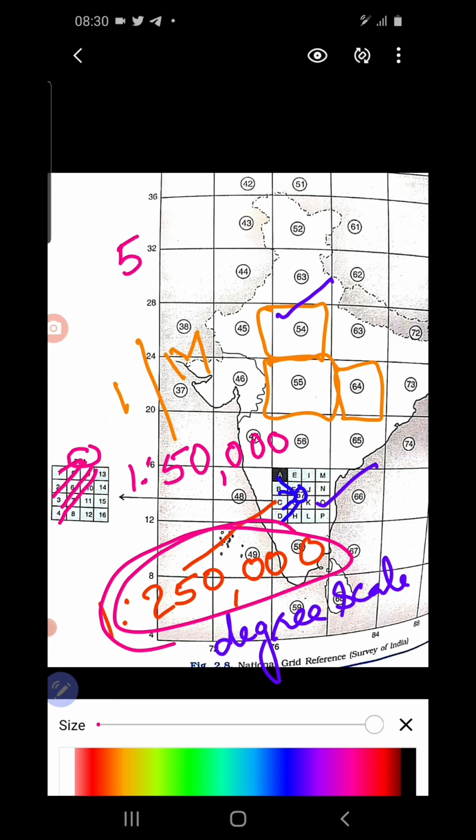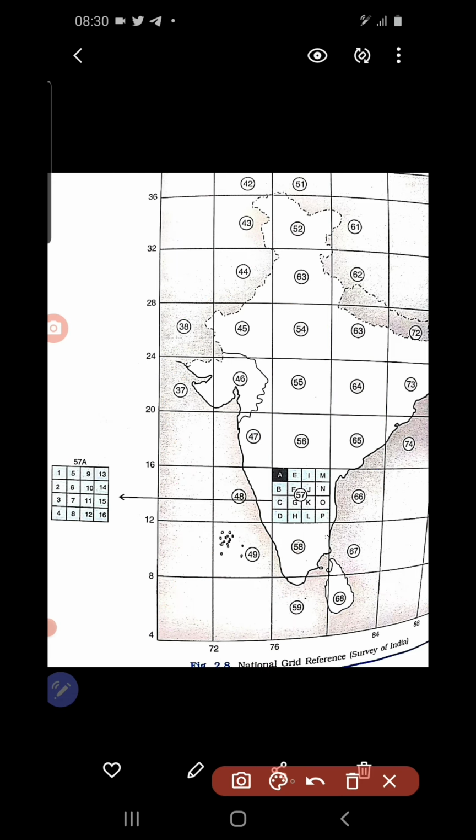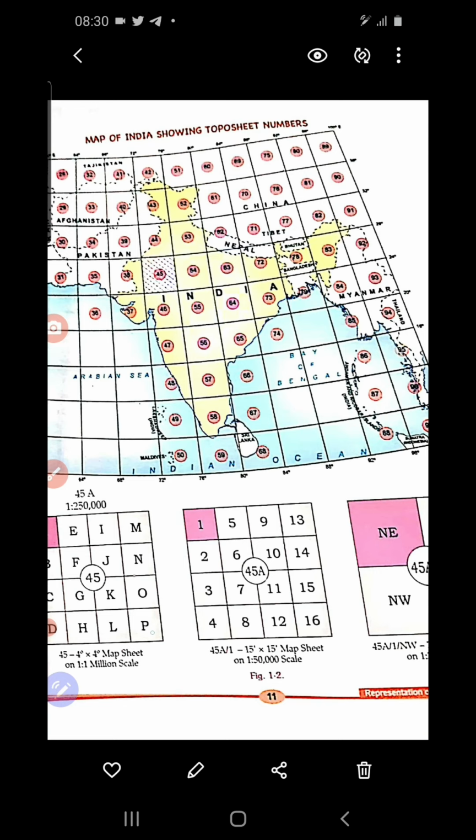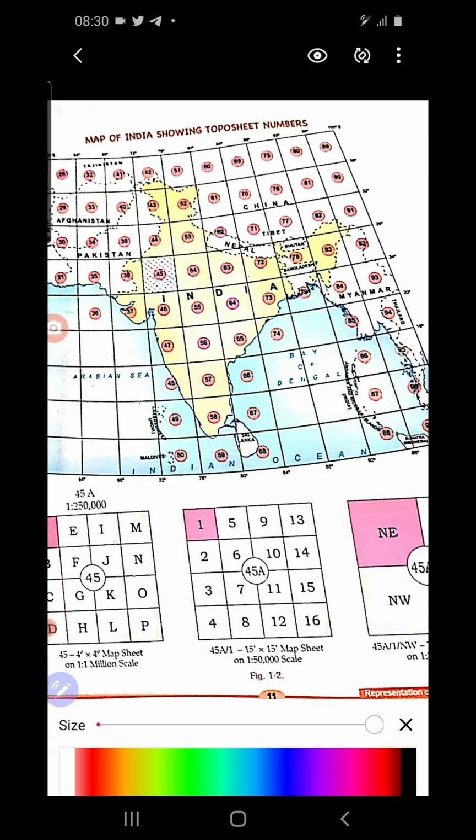You see 57A1. This is again divided into 16. That is not shown here, but it is shown in your textbook map. Let's see that map. Yes, in this it is shown, isn't it? So you see the first one.